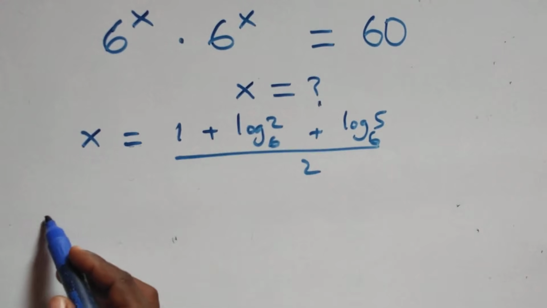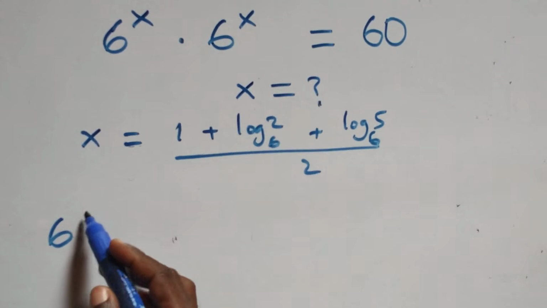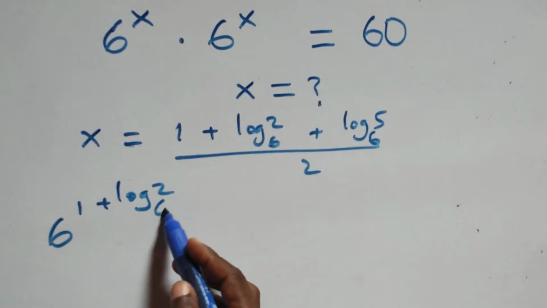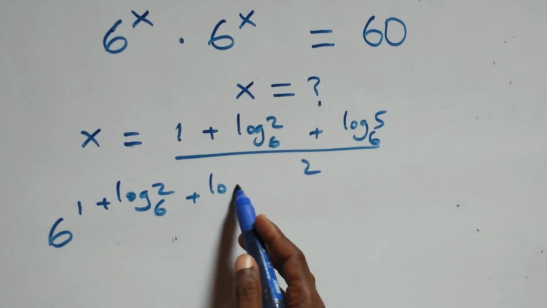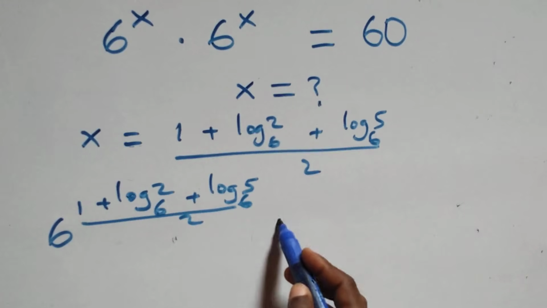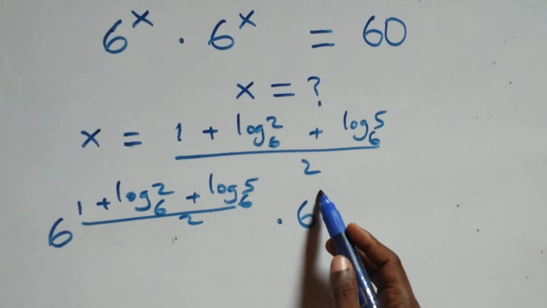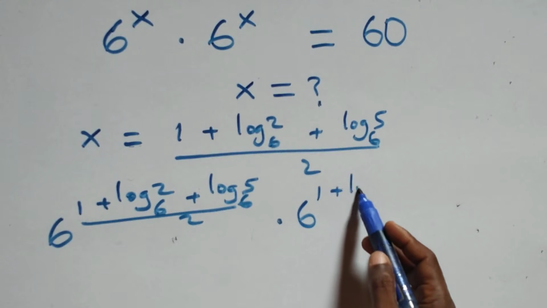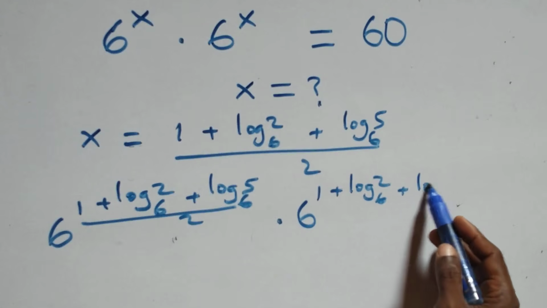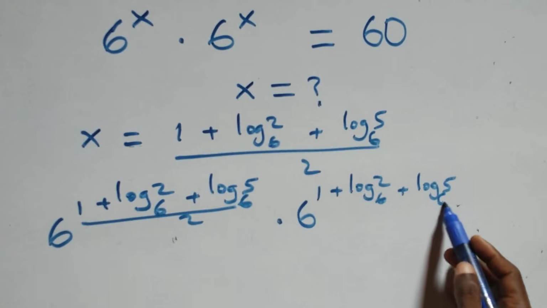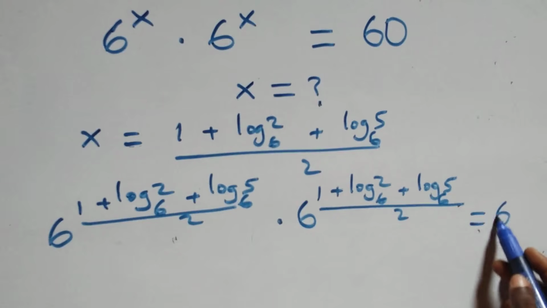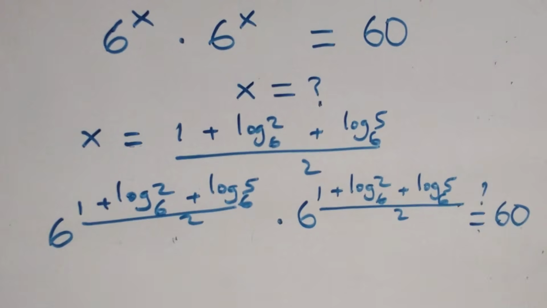Here, what we have becomes 6 raised to power (1 plus log 2 base 6 plus log 5 base 6) all over 2, times also 6 raised to power (1 plus log 2 base 6 plus log 5 base 6) all over 2, equals 60 on this side.